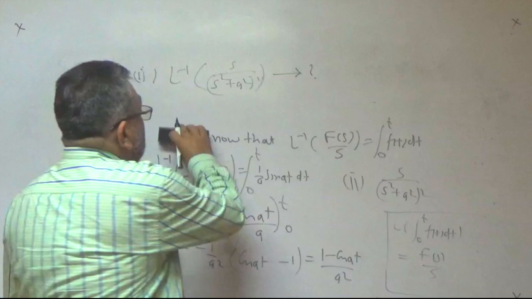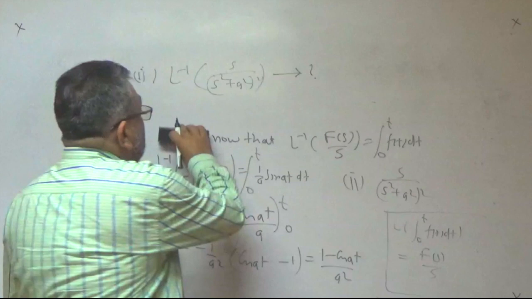And how to change the order of integration? You know that first we take the region of integration. What is the region of integration? Region means that is bounded, region bounded by all four limits. What are the limits? t equal to 0 to t equal to infinity, u equal to 0 to u equal to t. These four limits are this. If you take a graph, this is axis t, this is axis u.